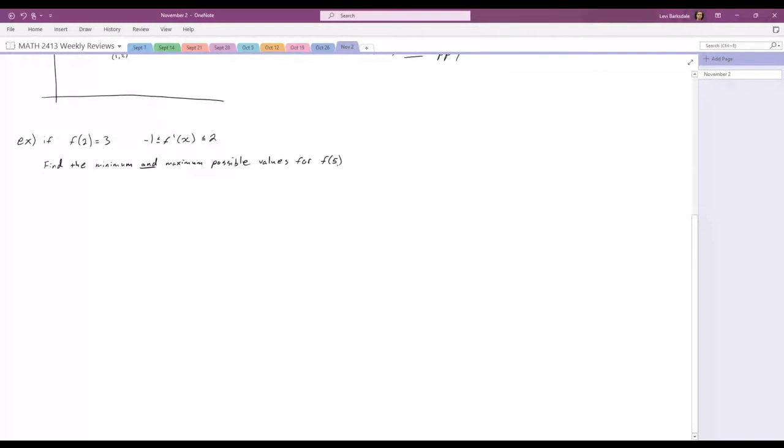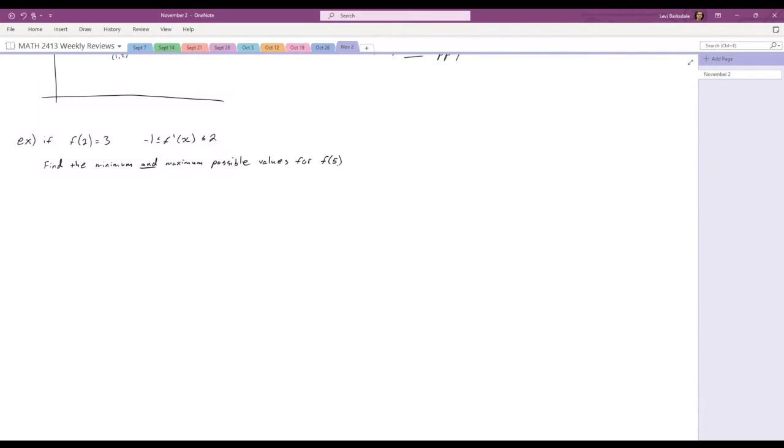Now, there's two ways to approach this. I kind of prefer the intuitive method, so I'm just going to explain that way. The idea behind the intuitive method is if we're finding the maximum value, then it should take the maximum slope every time, because that's going to lead to the greatest increase.